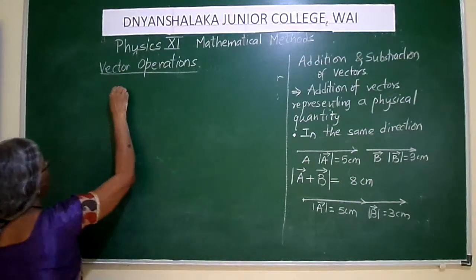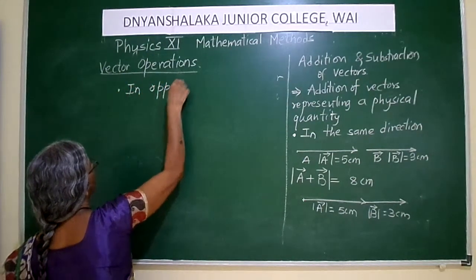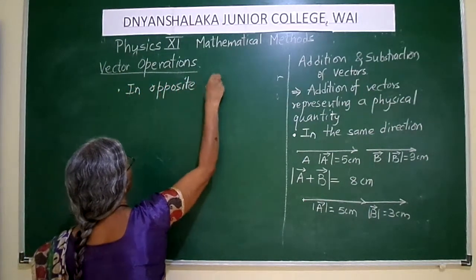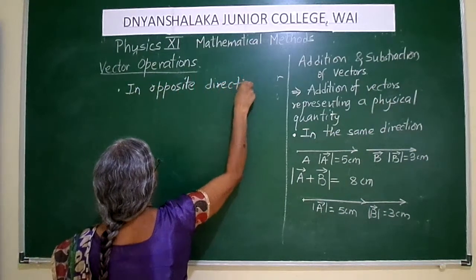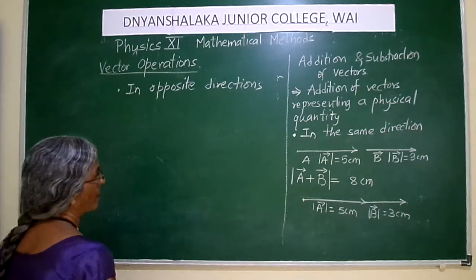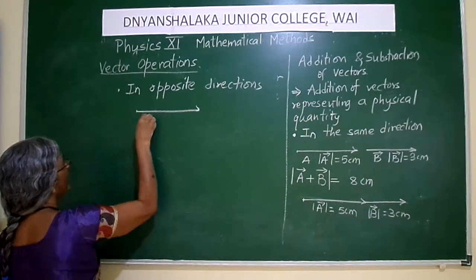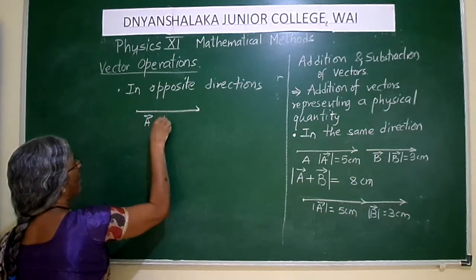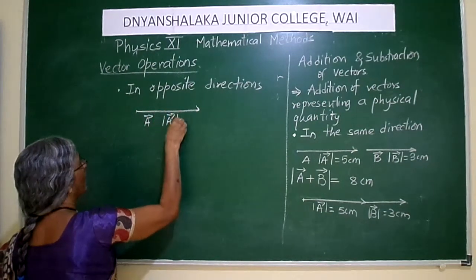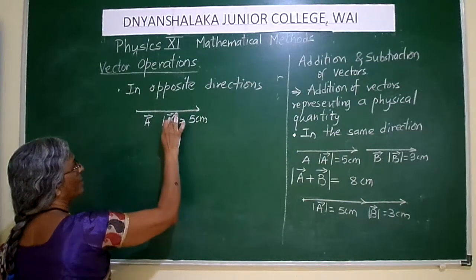So now we'll see these vectors in opposite directions. What am I saying? Vectors in opposite direction. So देखो, ये vector A है with magnitude of vector A equal to 5 centimeters in this direction.